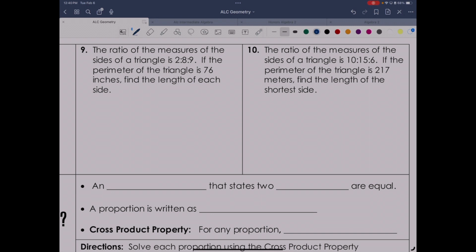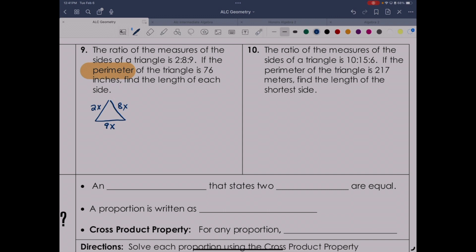Okay, so perimeter, another key word in there. Perimeter, what does that mean? If I have a triangle sitting here, what does perimeter mean? The sum of all the sides? The distance around? It's the sum of all the sides. So I know that this is 2x, this is 8x, and this is 9x.